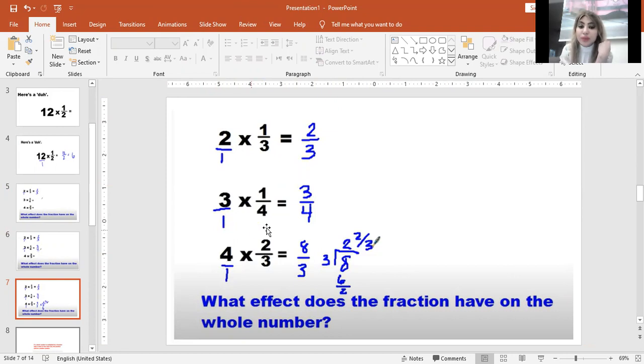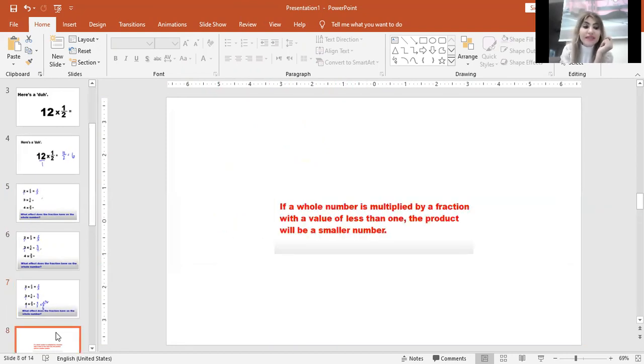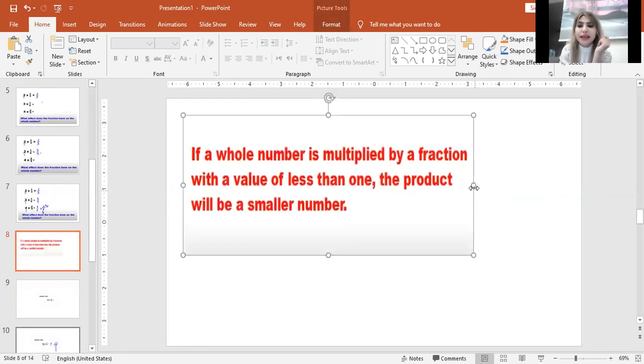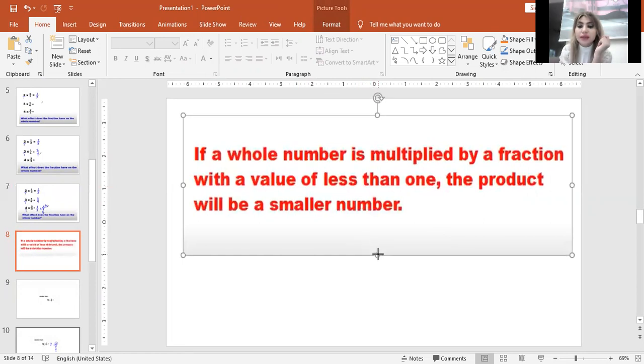When I multiplied 3 by a quarter, the answer is smaller than 3. When I multiplied 2 by a third, the answer is smaller than 2. When I multiplied 4 by a fraction smaller than 1, I get an answer smaller than 4. So what's the effect? Here is the effect. I want you to save it, retain it, and this is the basic thing in the lesson.